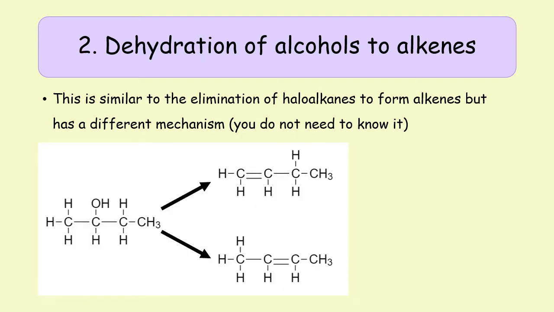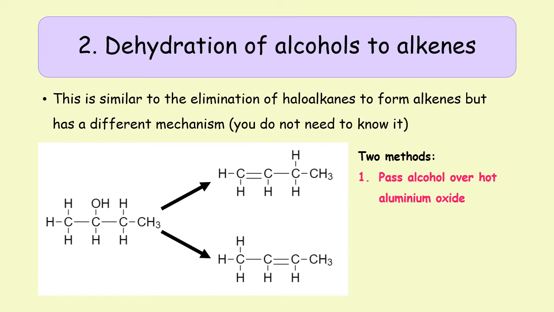So dehydration is just the reverse of hydration, and if you've got an alcohol with two neighbouring carbons on it, there will be two possible products that can form. The two methods of doing it: the first one is to pass the alcohol over hot aluminium oxide.